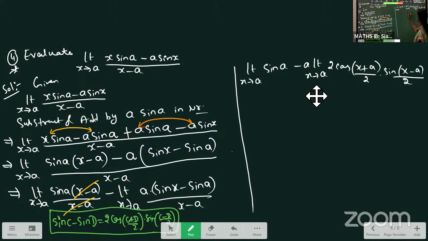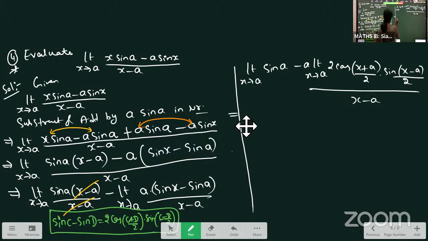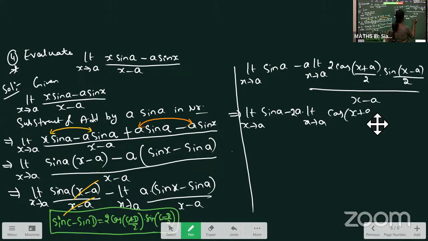Whole this divided by x minus a. Now again, limit x tends to a, sin a minus a into limit x tends to a. Write 2 also outside, it becomes 2a. Limit separate, cos of x plus a by 2 into limit x tends to a, sin of x minus a by 2.